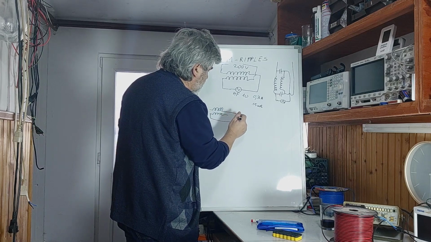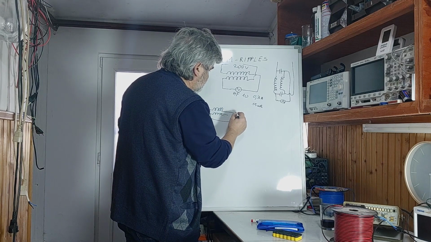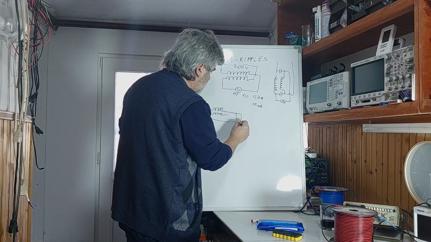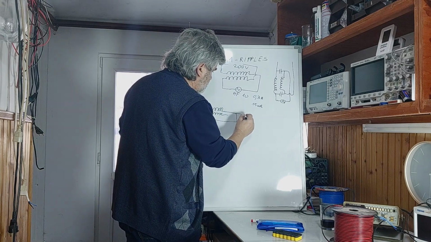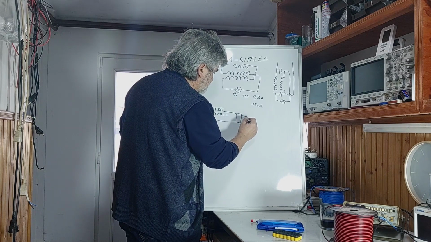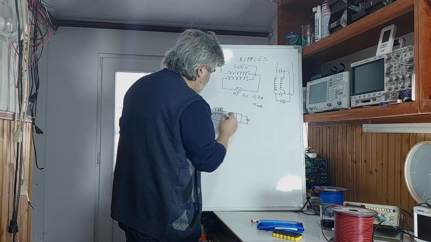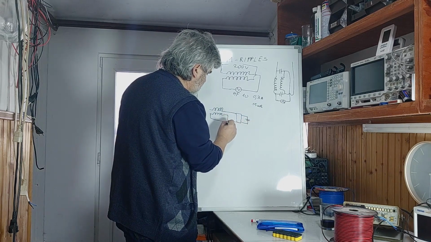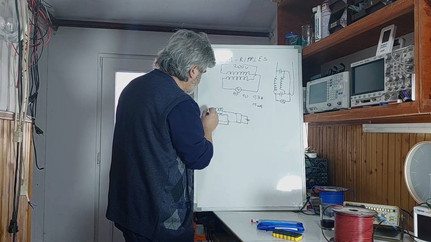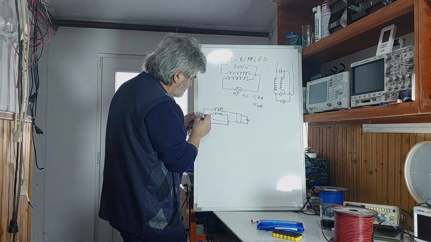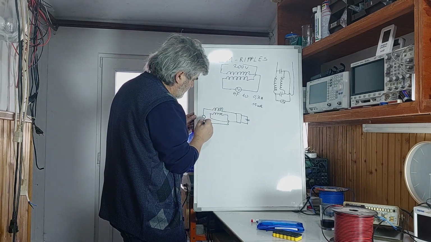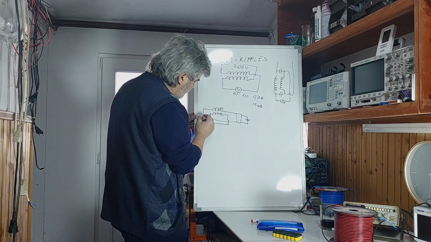It went to a bridge rectifier and to a high voltage capacitor. Over here is a low voltage AC source. It could be push-pull as well, which means a half H bridge.